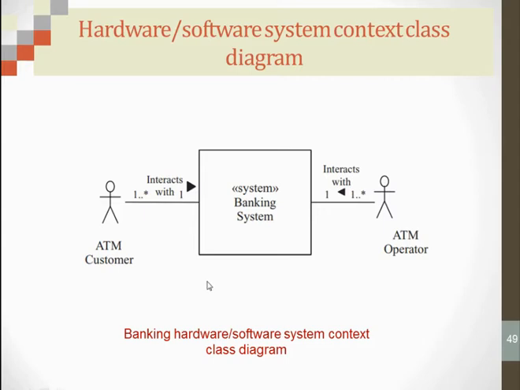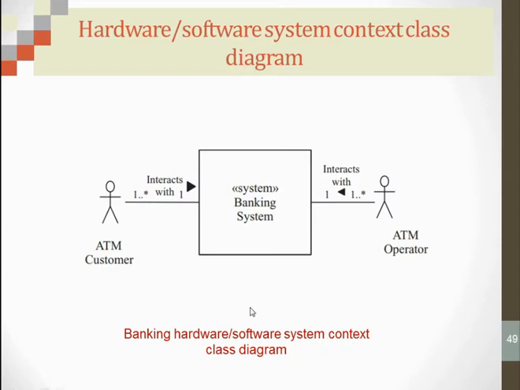Here is the first context diagram, where we consider the system as hardware and software, with all the devices inside, and how it interacts with the outside classes. We have here only the ATM operator and the ATM customer. This is the hardware and software system context diagram.